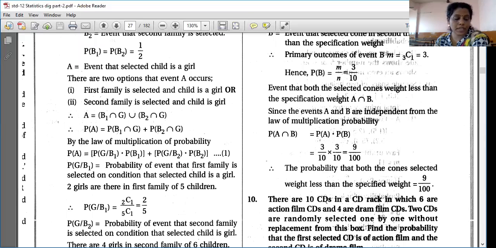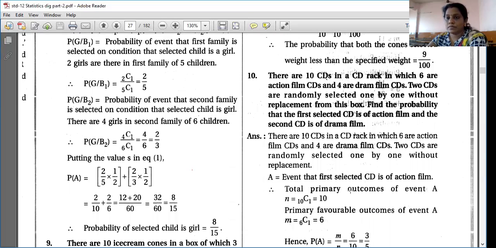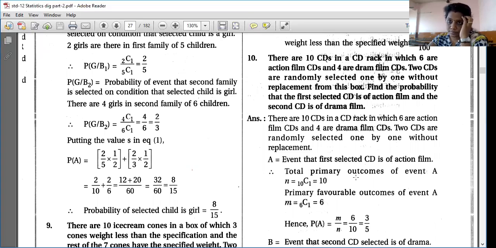Okay, now next. Tenth question. There are 10 CDs in a CD rack in which 6 are action film CDs and 4 are drama film CDs.